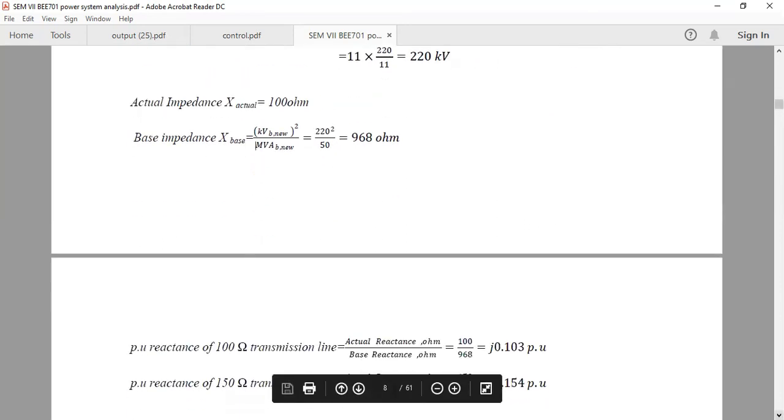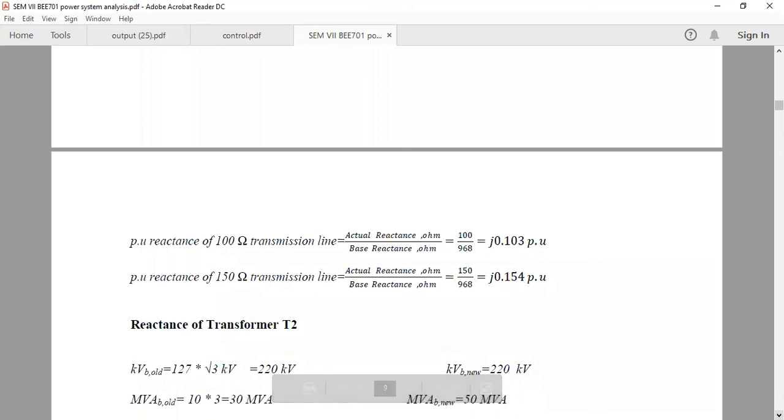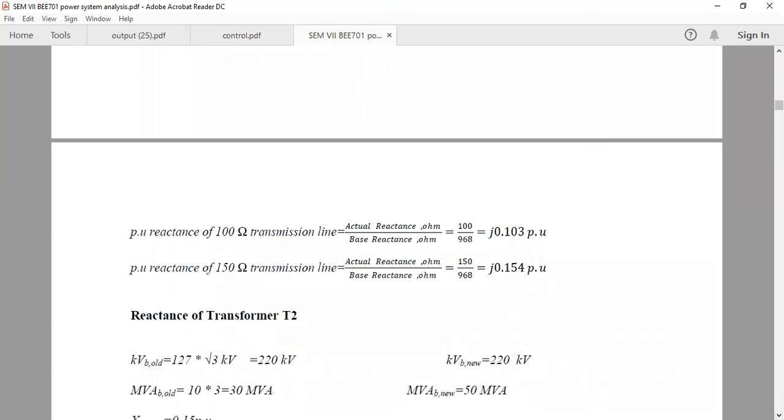Now with the help of this base impedance value, we will calculate the per unit reactance of the transmission line. Per unit reactance is the actual reactance in ohms divided by the base value of the reactance. So for the 100 ohm transmission line, the per unit reactance is j0.103 per unit, and for the 150 ohm transmission line, its value is j0.154 per unit.